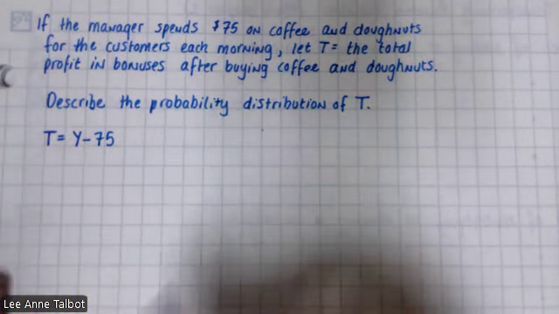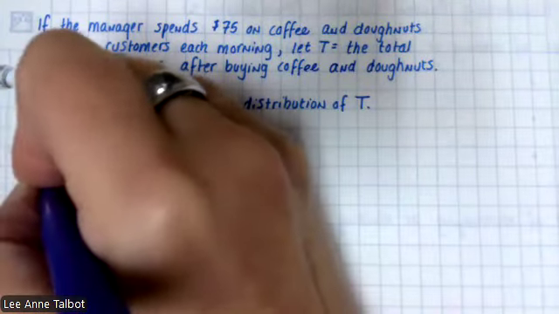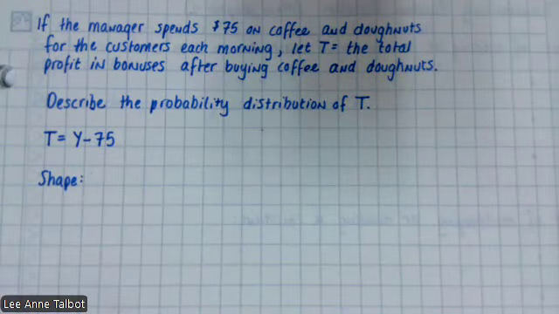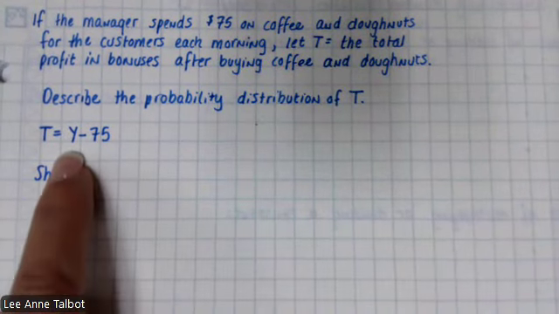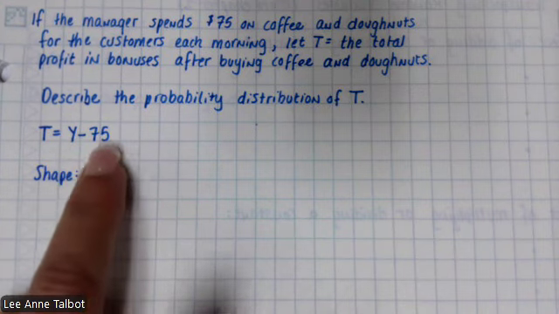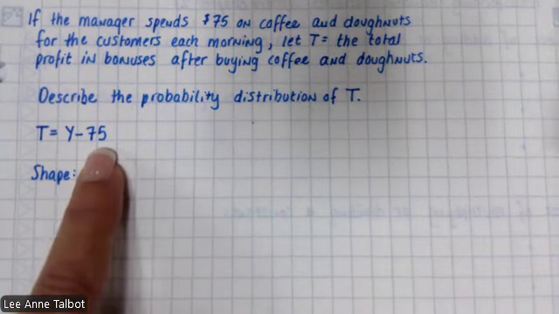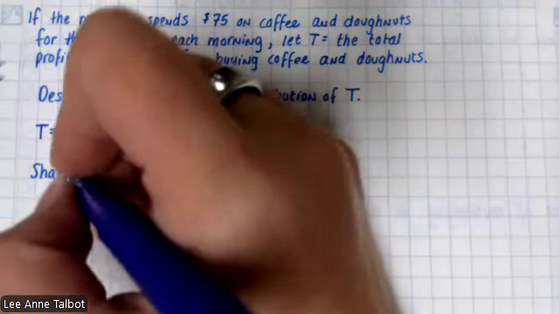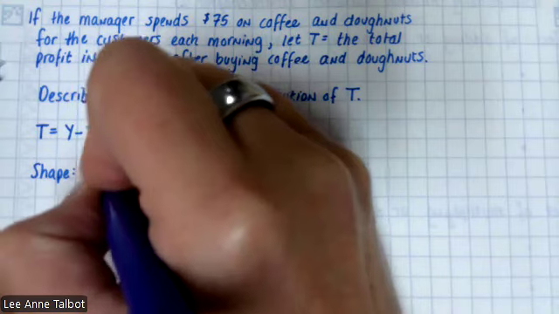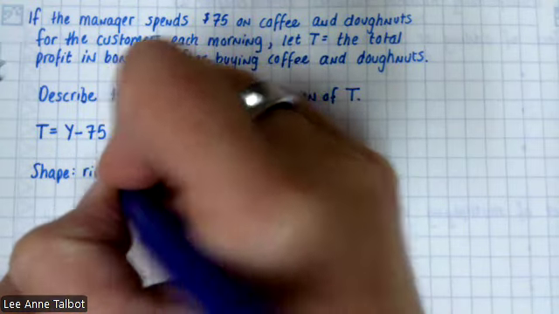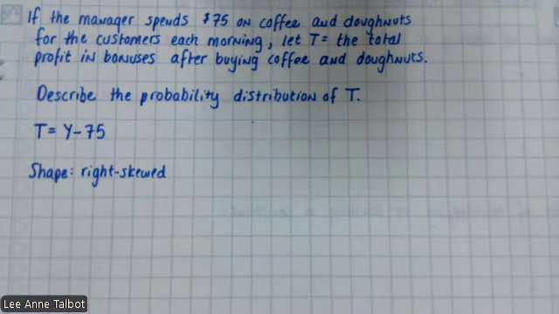So we need to describe 3 things. We need to describe the shape. We took the shape of Y, which was right skewed, and we subtracted 75. Is that going to change the shape? No. Now notice, we don't need to draw it. We just need to visualize it shifted down the x-axis $75.